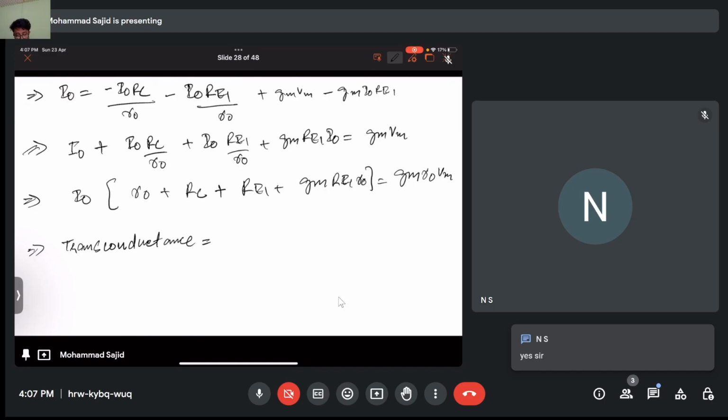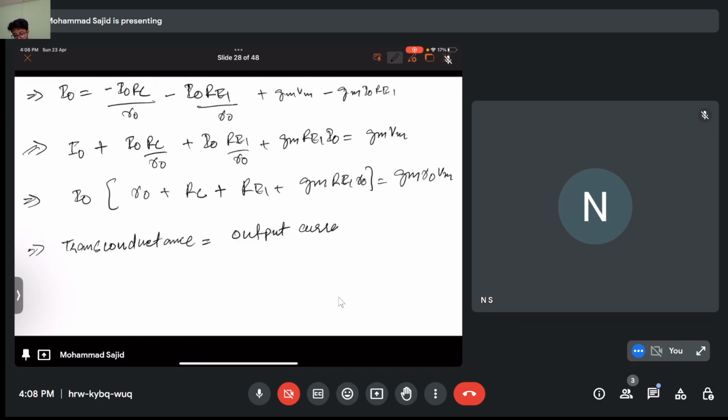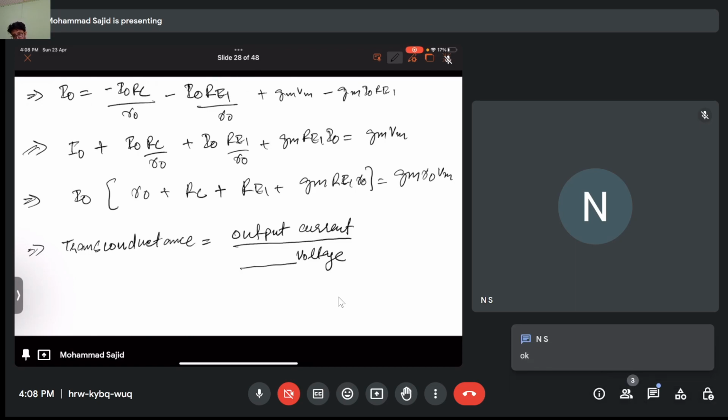It is output current by which voltage? Do you know which voltage I should write here? Input voltage, right?